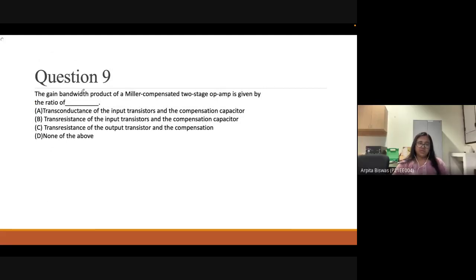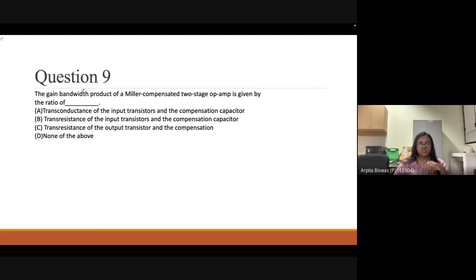This is question 9. The gain bandwidth product of a Miller compensated two-stage op-amp is given by the ratio of: the first option, transconductance of the input transistor and the compensation capacitor. The second option, transresistance of the input transistor and the compensation capacitor.